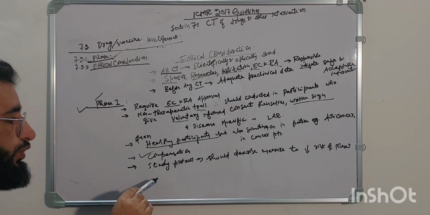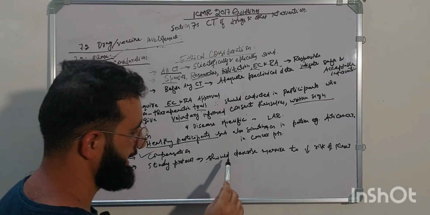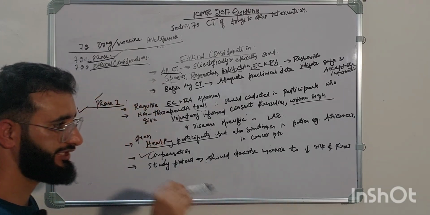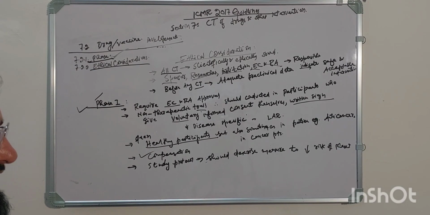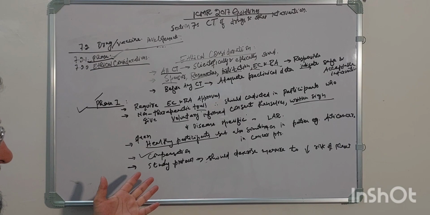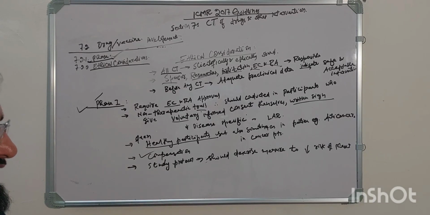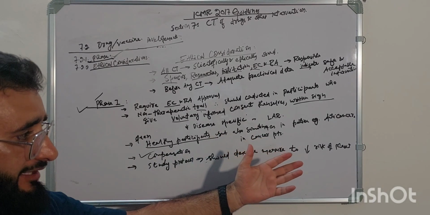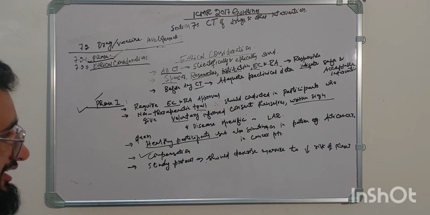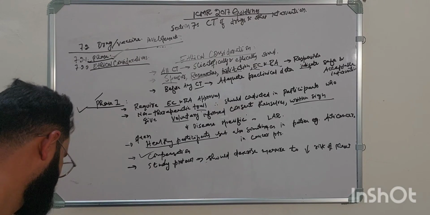The study protocol should describe the measures to decrease any kind of risk attributed to the phase 1 study. So the protocol should clearly mention any measures which can decrease risk related to phase 1.